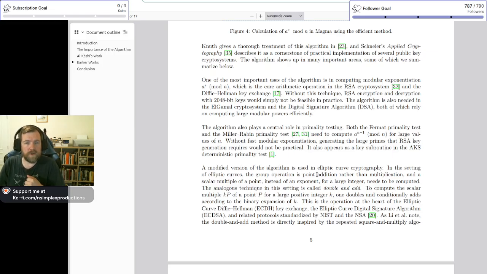One of the most important uses of the algorithm is in computing modular exponentiation, a^e mod n, which is the core arithmetic operation in the RSA cryptosystem and the Diffie-Hellman key exchange. Without this technique, RSA encryption and decryption with 2048-bit keys would simply not be feasible in practice. The algorithm is also needed in the ElGamal cryptosystem and the digital signature algorithm, or DSA, both of which rely on computing large modular powers efficiently.